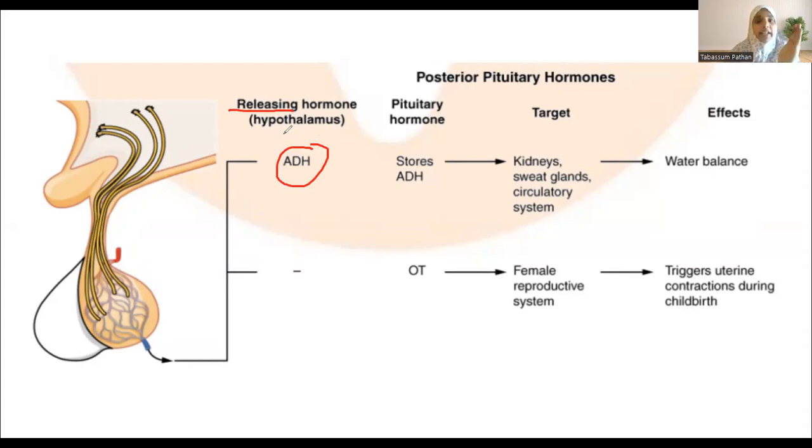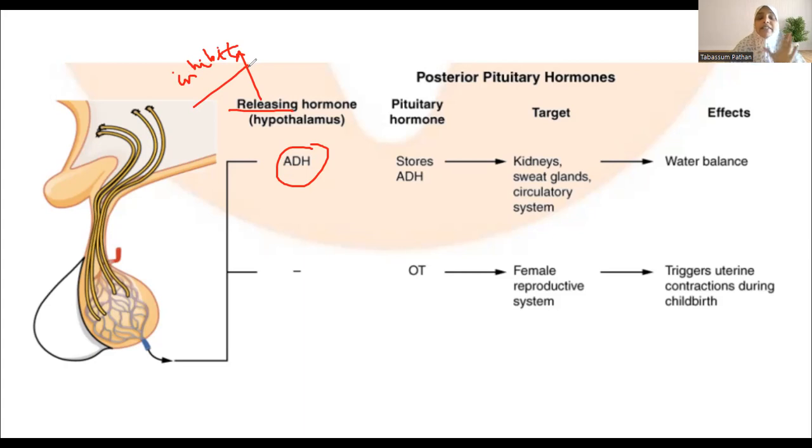The ADH will go and activate the kidney, then the kidney will carry out certain changes and the effect will be seen. Whereas what was the other term that we saw in the first slide? The hypothalamus also secretes inhibitory hormones. Inhibitory, the name itself tells you, it will release certain hormones which will inhibit the production of certain hormones or substances. For example, it will inhibit the production of a hormone.